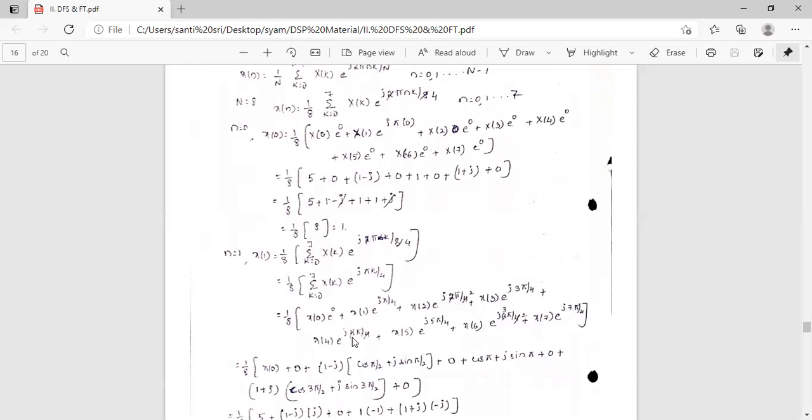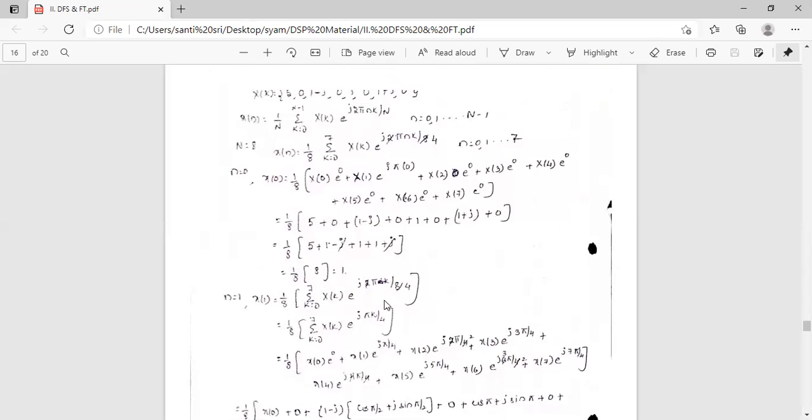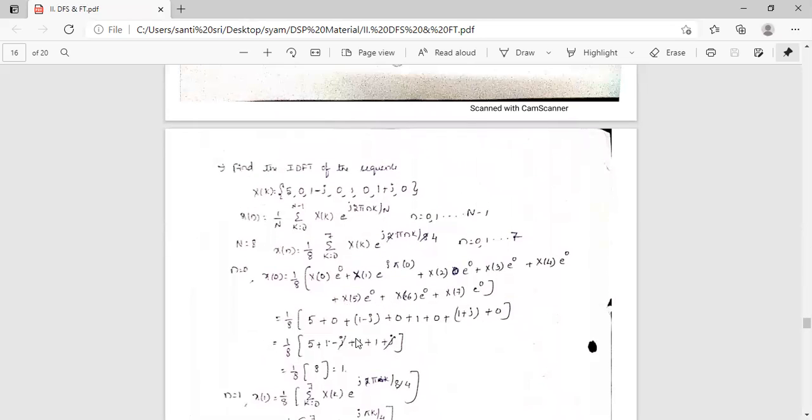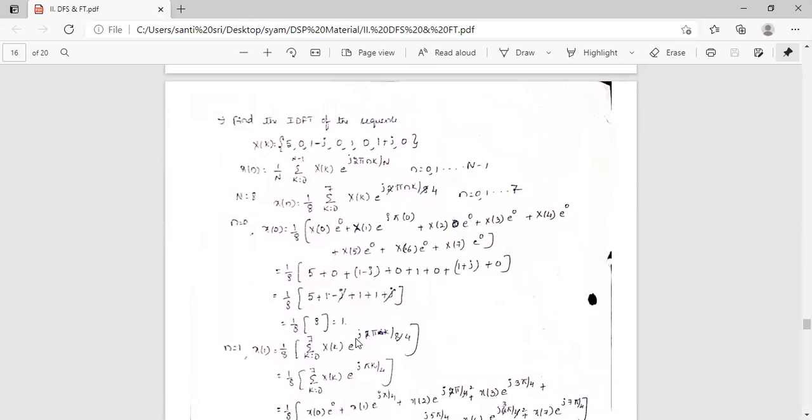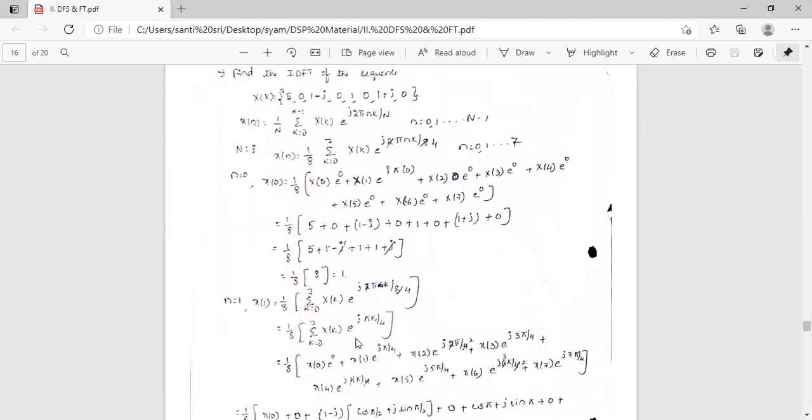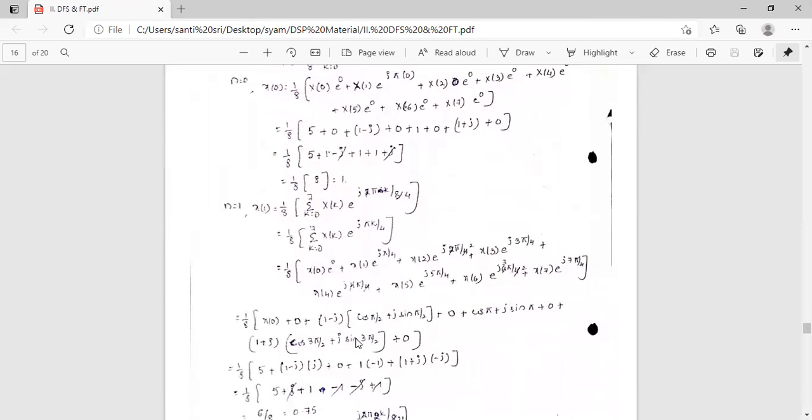So it is e power j 5 pi by 4, x of 0 into e power j 3 pi by 4 will become x of 1 value. What is x of 1 value? That is 0, so it will become 0. Next, x of 2 value is 1 minus j into e power j 5 pi by 2, which is cos pi by 2 plus j sin pi by 2, plus 0.